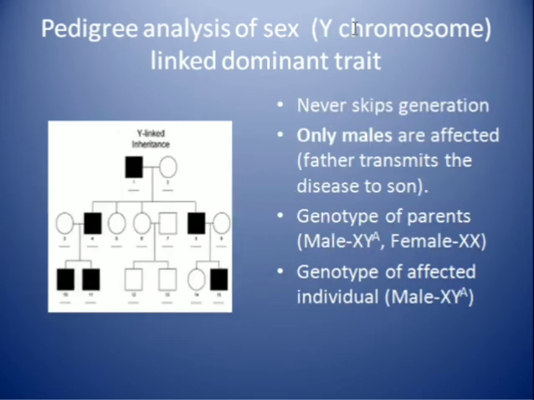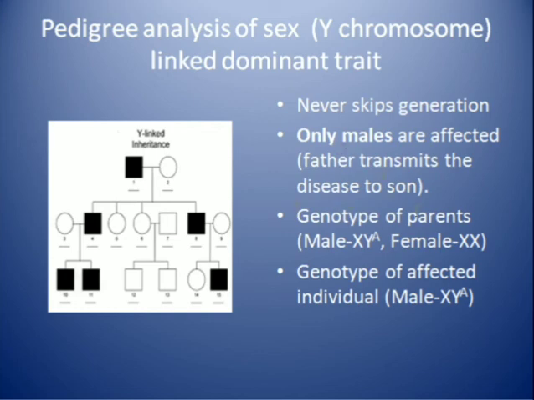Okay, now if the defect is in the Y chromosome, as you know, the Y chromosome is only present in males, so only males will be affected. As you can see here, only the males are affected, so it never skips a generation, and all generations will be affected. As you can see from this pedigree, only males are affected, and the father transmits it to the son.